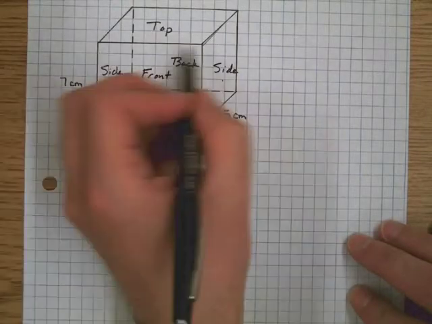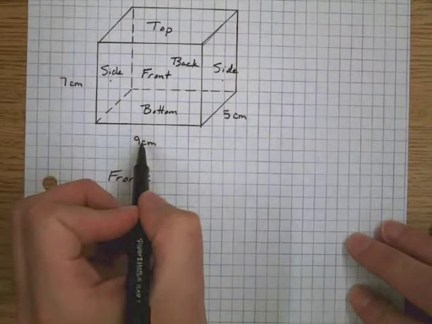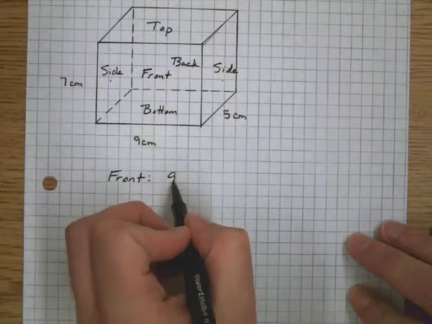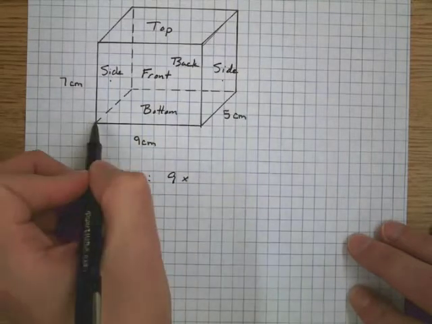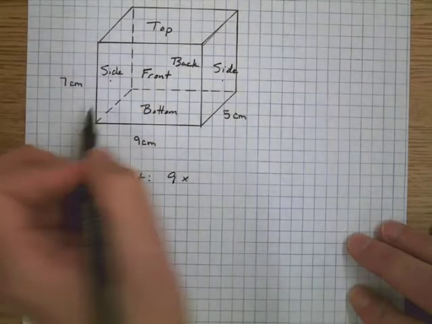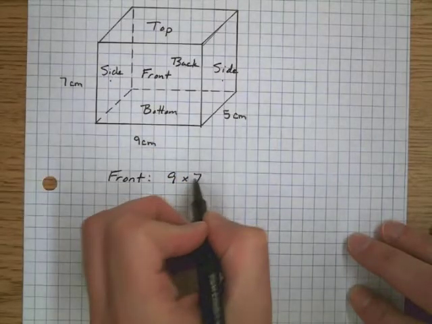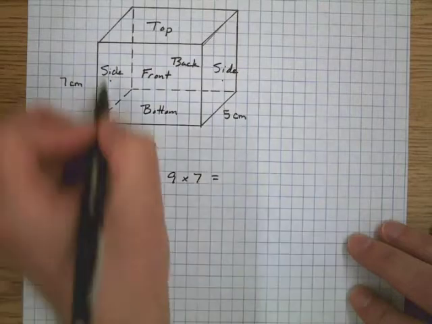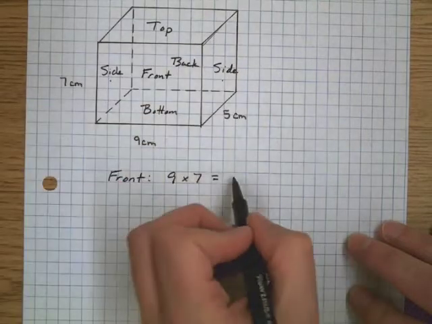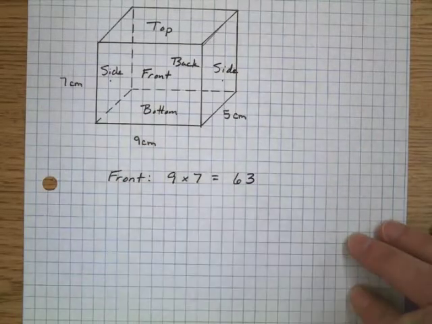And we can find the area of that front panel. And this front face is a length of 9, multiplied by a width of 7. So length times width of this front face. And that is 63.